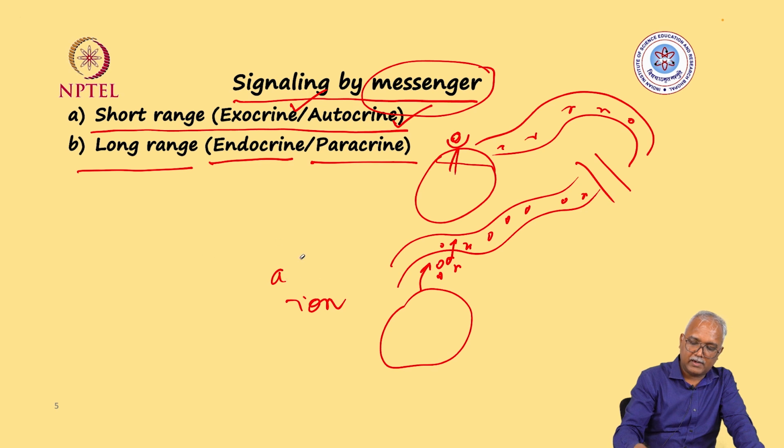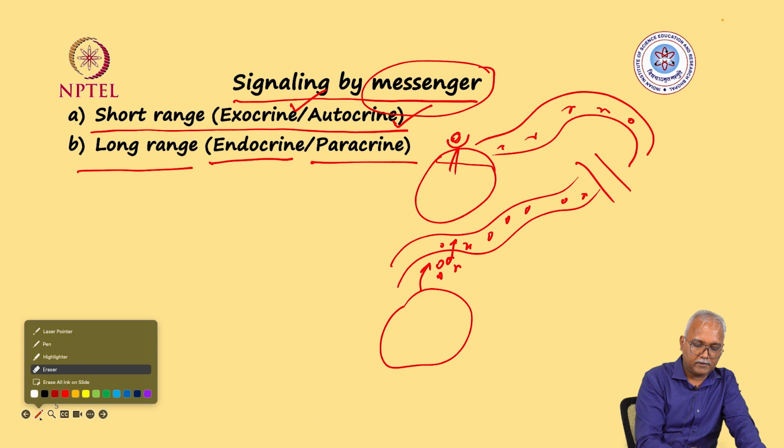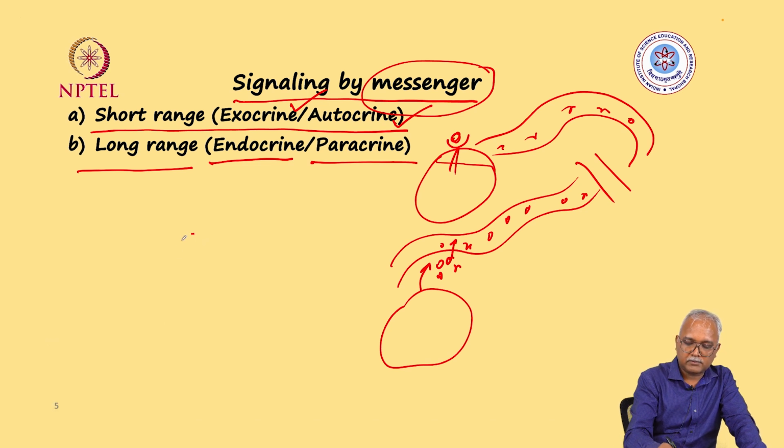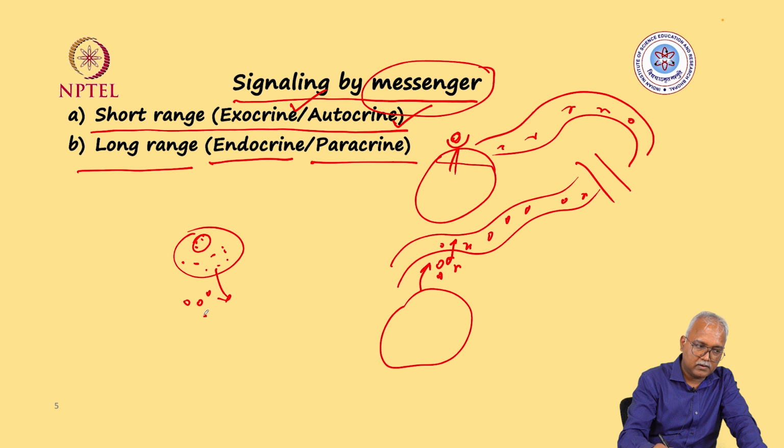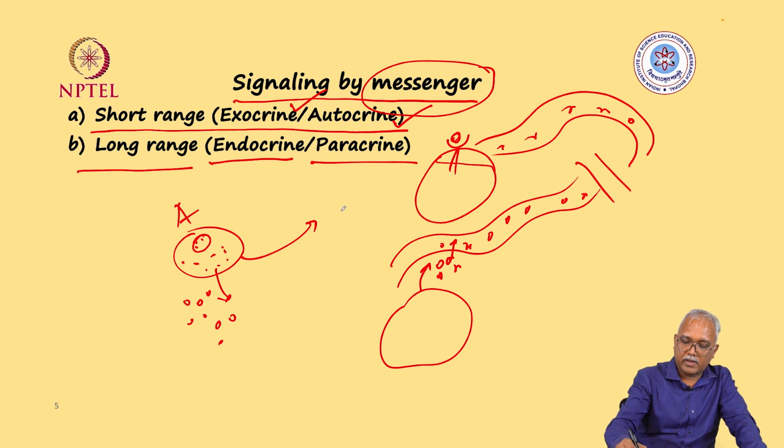So another way to depict this paracrine signaling, if I can just draw here and show it to you, is that you will have a cell which will produce the signal. If you consider one cell with its nucleus here and these secretions produced, it comes out and travels to another cell. This is cell A. Now you have cell B, which should have the receptor for the signal, binds here and responds.